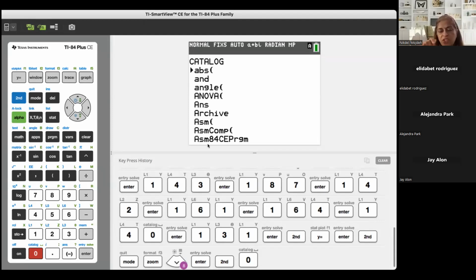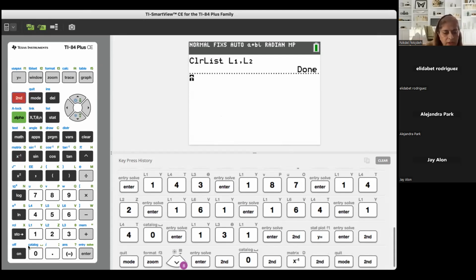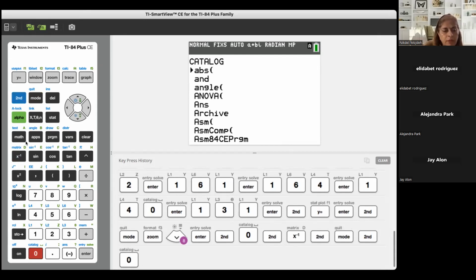Diagnostic starts with the letter D. So I'm going to look at the calculator keys and find a key that has the letter D above it. You know, x to the negative 1, do you see that the key x to the negative 1 has a letter D above it? So I'm going to say second x to the negative 1. Oh, sorry, no. Let me go to catalog. The D is in green color, correct?